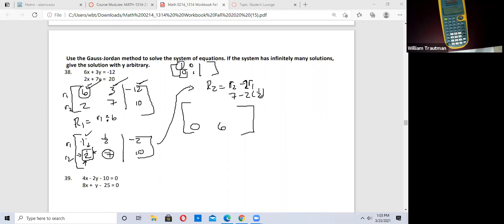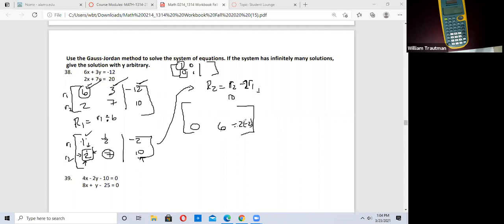And then finally, I'm going to erase this. Then I have a 10 in row 2, and I'm going to subtract 2 times row 1, which is a negative 2. A negative 2 times a negative 2 is a positive 4.